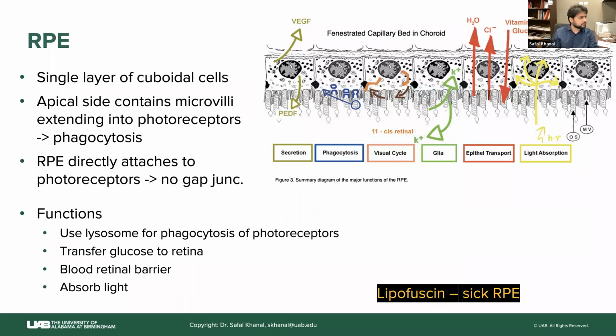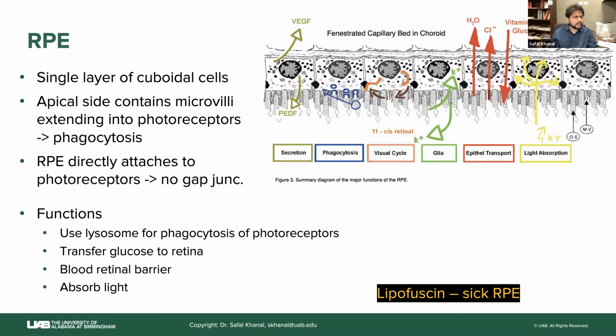There is no gap junction. And some of the functions of the RPE are to remove the discs of the photoreceptors, to supply food to the retina in terms of glucose, to act as a blood retinal barrier because of the tight junctions between the RPE cells, and also to some extent to absorb light in the retina.